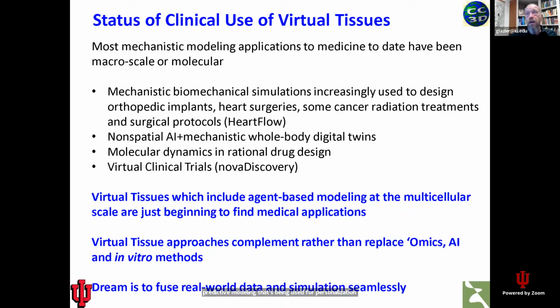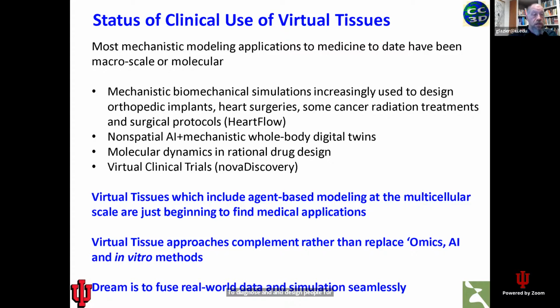medicine. Probably the most successful company at the moment in this area is a group called HeartFlow that was out of Stanford that does continuum mechanics modeling of major blood vessels and blood flow. So this is computational fluid dynamics and solids modeling to diagnose and design treatments for aneurysms.